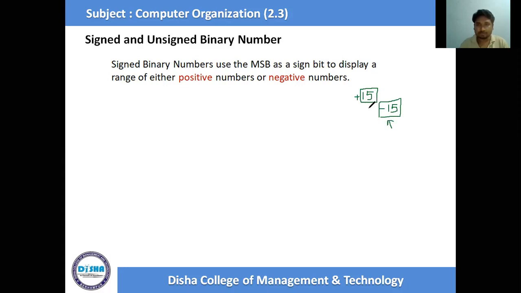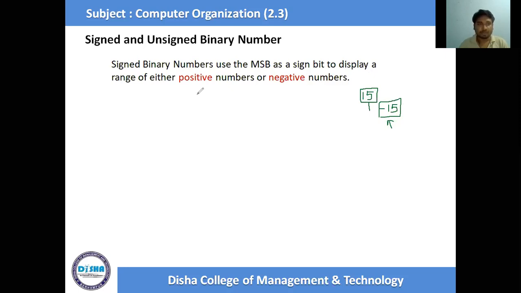This 15, without a sign, is called an unsigned number, because no sign is there. If we are not giving any sign, it is considered a positive number. If there is a negative sign, then it is called a negative number.